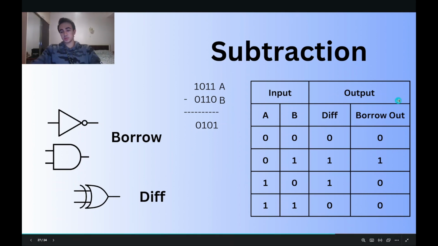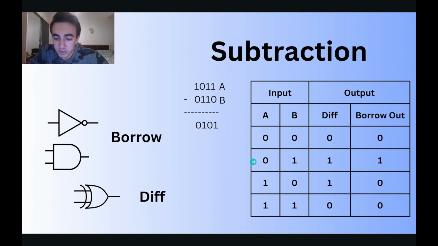But borrowing is somewhat different, because here we see that the output is one only when the first input is zero and the second one is one.